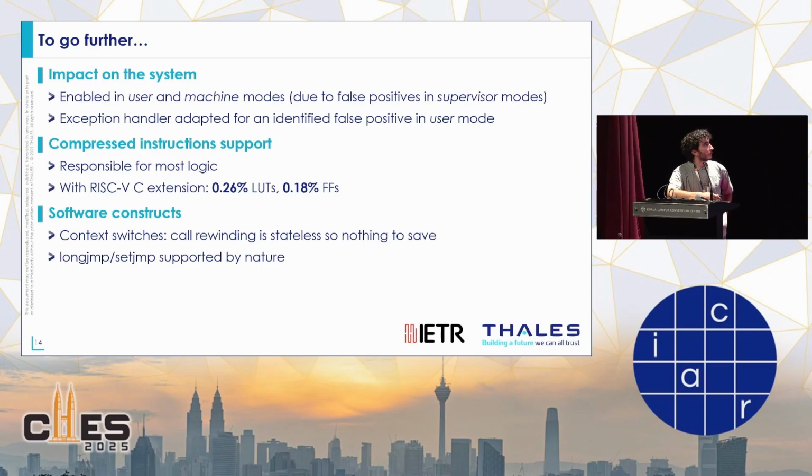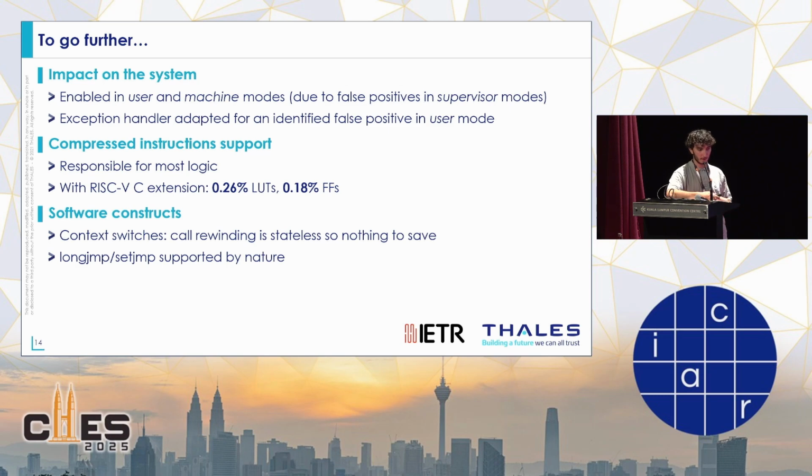Since the entry point is mainly in user mode when we run applications, this was considered not a huge factor. But we also had 1 false positive in user mode, and so we had to adapt the exception handler to counter it.